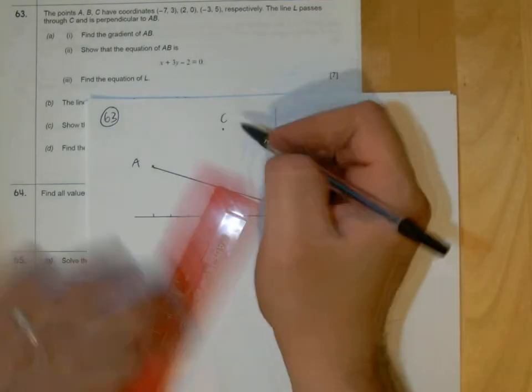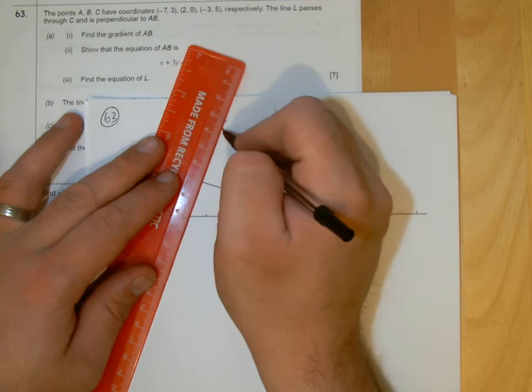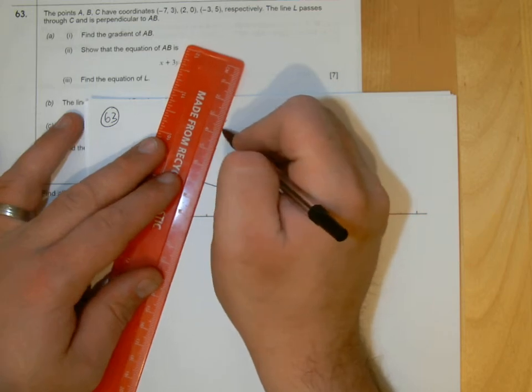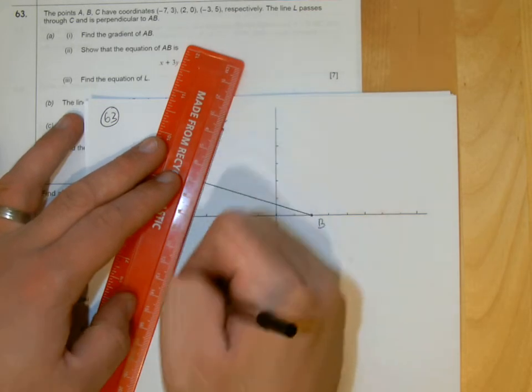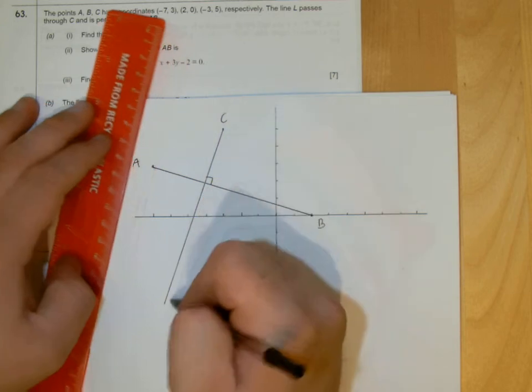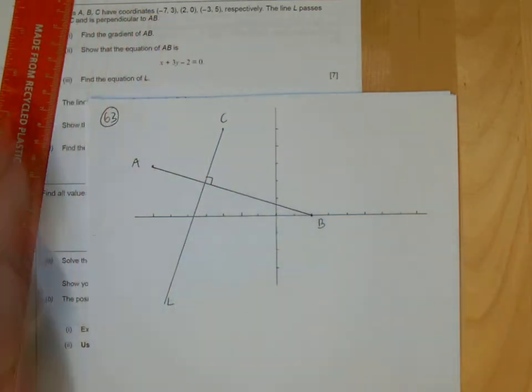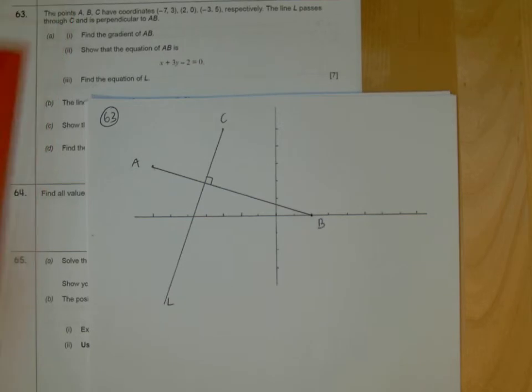So perpendicular to AB means it's at right angle to AB. So try and get this reasonably accurate. Obviously this is a sketch. It's not going to be perfect, but there's my line L there, which is going to be at right angles to AB. That's what the question says.